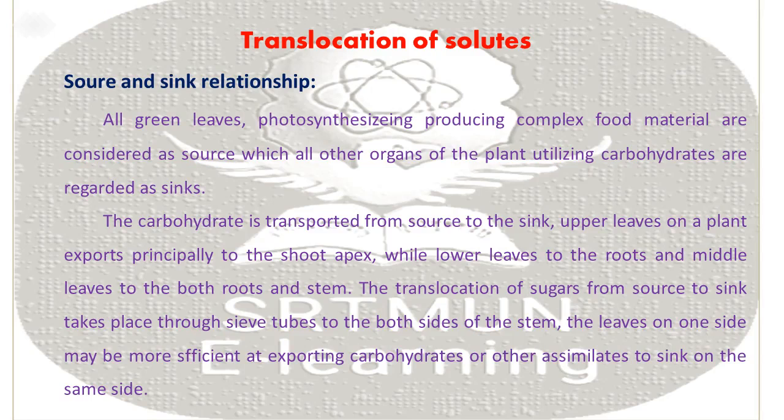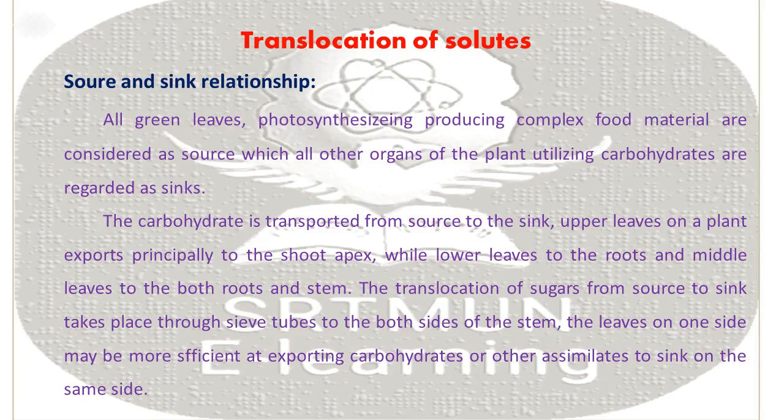First of all, source and sink relationship. All green leaves photosynthesizing and producing complex food material are considered as source, while all other organs of the plant utilizing carbohydrates are regarded as sinks.